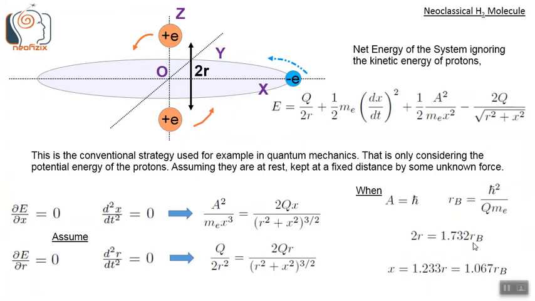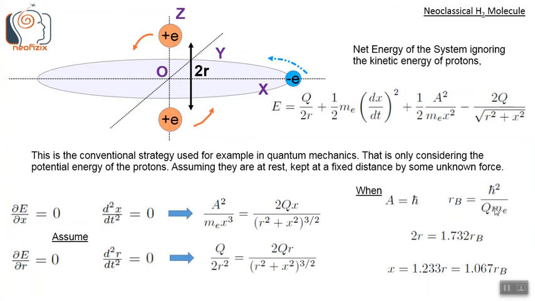2r equals 1.732 rb, that is the separation length 2r between the two protons becomes 1.732 into rb, and x, which is the radial distance of the electron, becomes 1.067 rb. Here rb is nothing but h bar square by q me, which is the radius of Bohr's first orbit, the radius of the first orbit of the electron in the hydrogen atom.